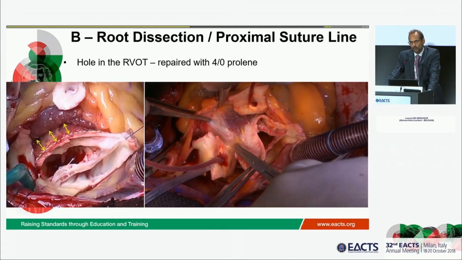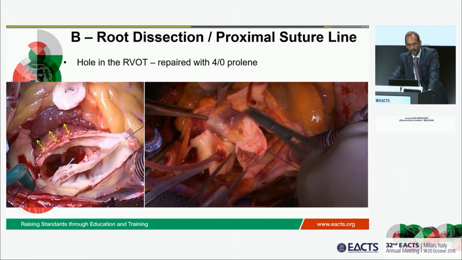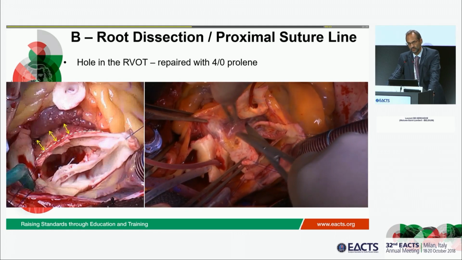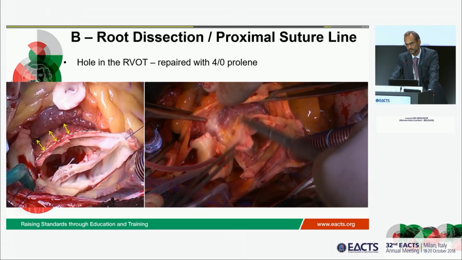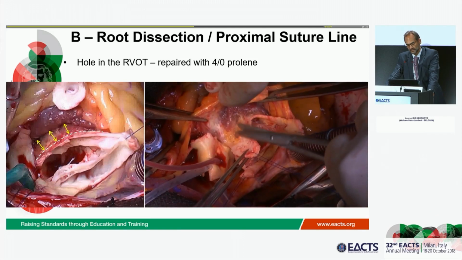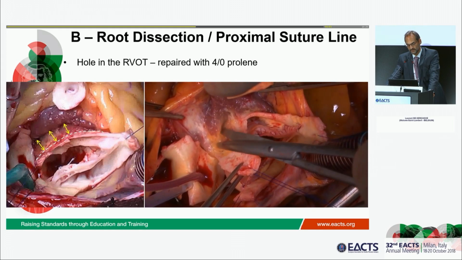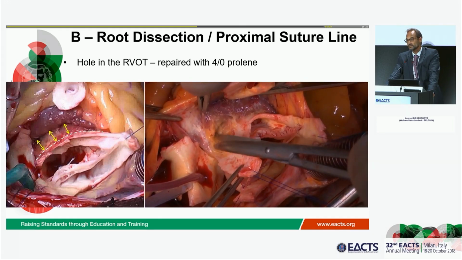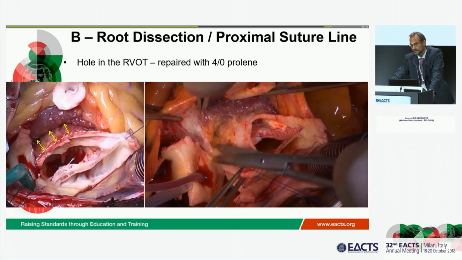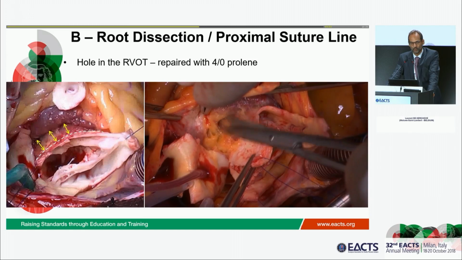Now, left ventricular outflow tract is what you try to reach to put your annuloplasty. So some of us are making deep root dissection to reach the basal ring, and that's what we are doing. Others prefer to avoid dissection. This is another debate. When you do this deep dissection, generally it's relatively safe if you know where to go.